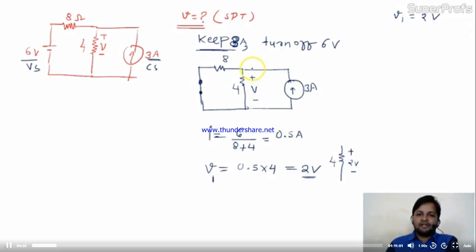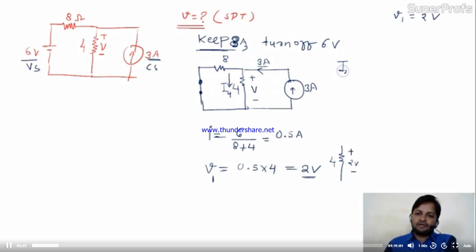Is it okay? Now see, if you are having current in this 4 ohm resistance, you can easily find out the value of voltage. Is it? So see, 3 ampere current is coming over here. Now this 3 ampere current is seeing two parallel connected elements. So current will divide. So by the current division rule, you can find out the current in 4 ohm resistance.